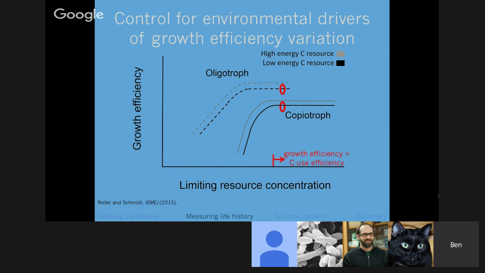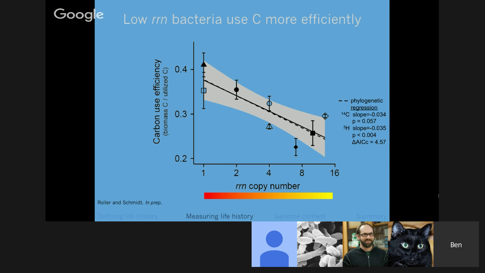So our results, when we look at the 8 organisms I showed previously, with both of the different methods we've utilized, show that on average, for every doubling of ribosomal RNA operon copy number in a bacterium's genome, we get about a 3% decrease in carbon use efficiency for each of these doublings.